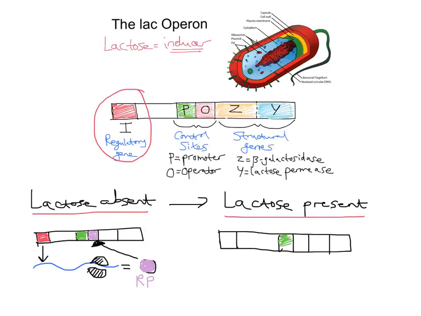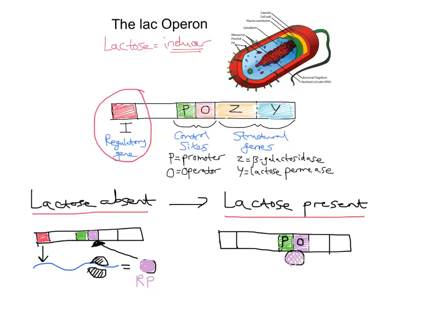I'll have the promoter region and the operator region here. And what we had was this repressor protein, I'll just draw it in crosshatch there. We can see it was sitting on the operator region here, but covering a part of our promoter region, so we couldn't have RNA polymerase binding.